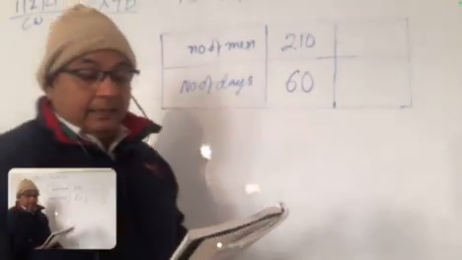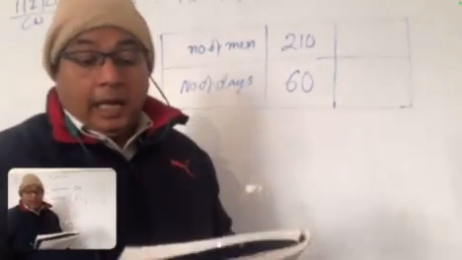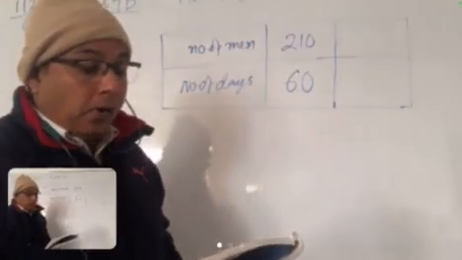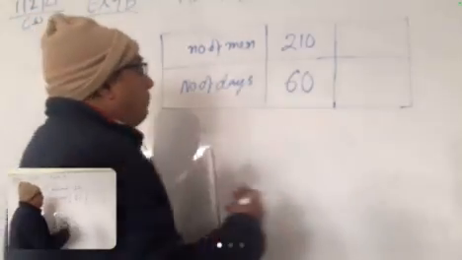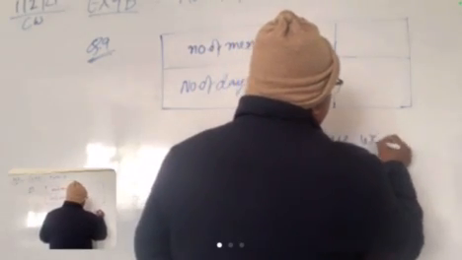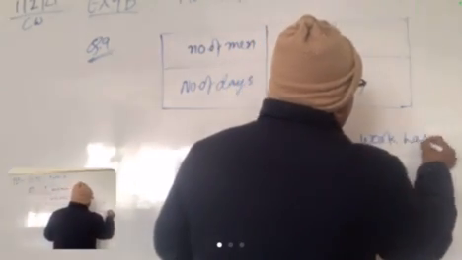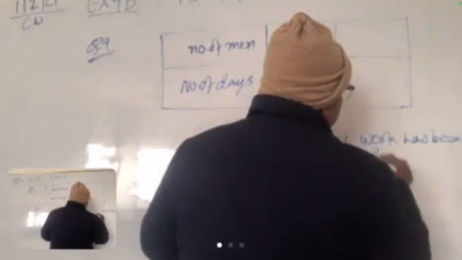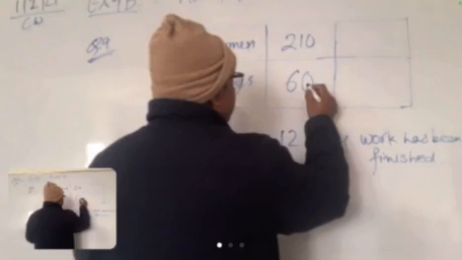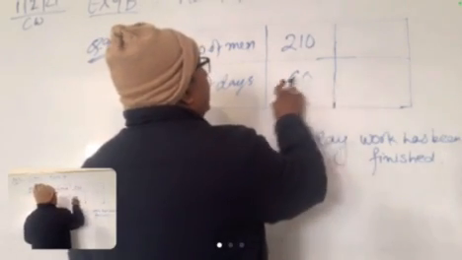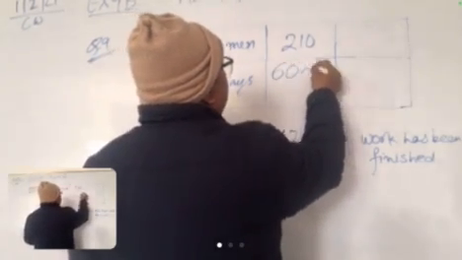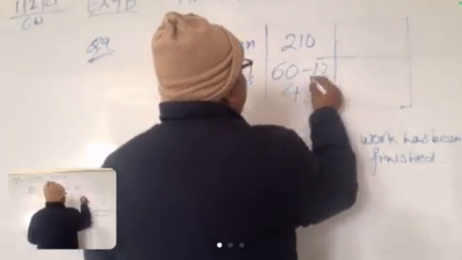After 12 days, he was joined by 70 more men. Means 12 days work has been finished. So now we can use this 60 minus 12, which is equal to 48 days.